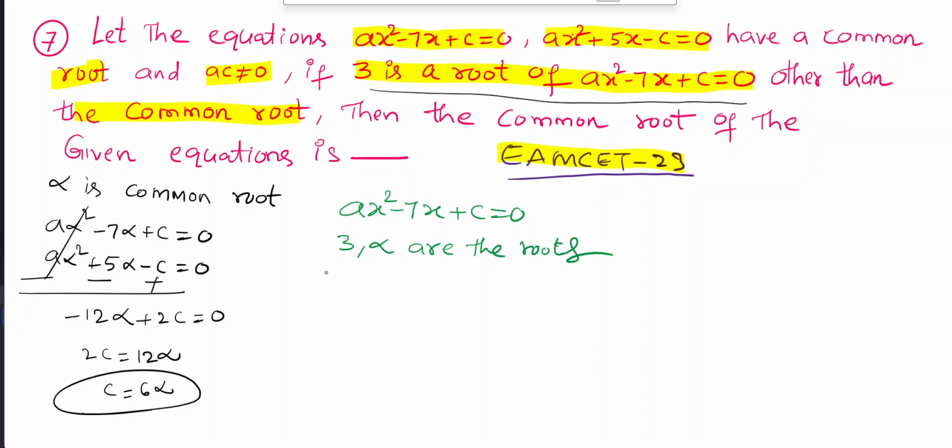So the sum of the roots, 3 plus alpha, is equal to minus b by a, that is minus of minus 7, 7 by a. So from this 3 plus alpha is equal to 7 by a.